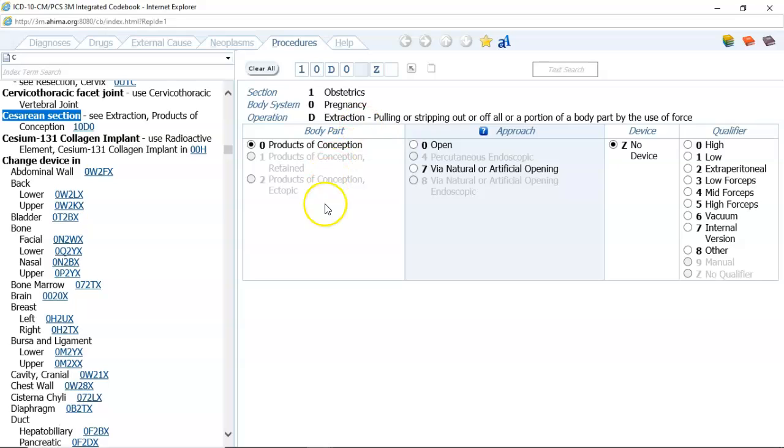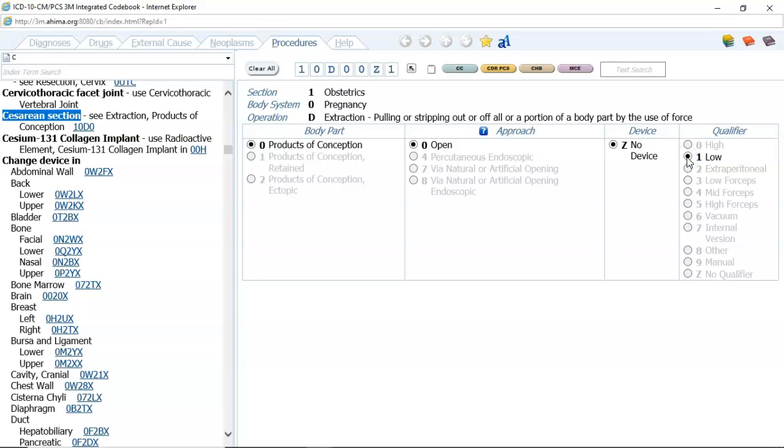Body system is pregnancy. The root operation for this is extraction. Our procedure is open. And this was a low transverse. So 10D00Z1 is the procedure code.